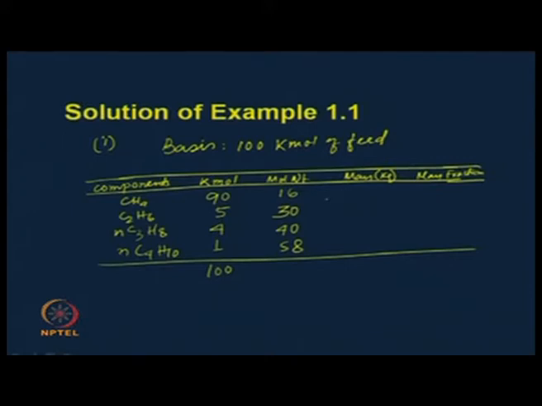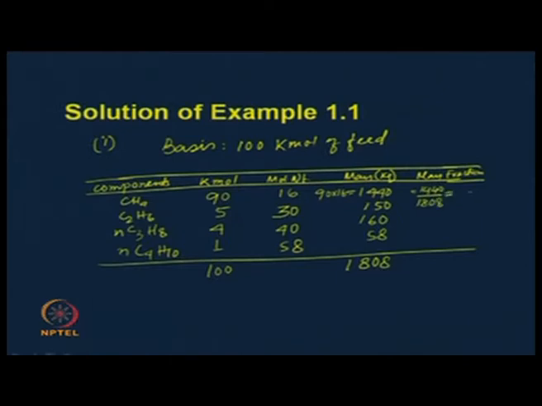So, 90 into 16 will be 1440, and then this one will be 150, 44 multiplied by 4 is 176, and then 58 multiplied by 1 is 58. So, the total mass is 1808 kg, and then the mass fraction will be 1440 divided by the total mass 1808.